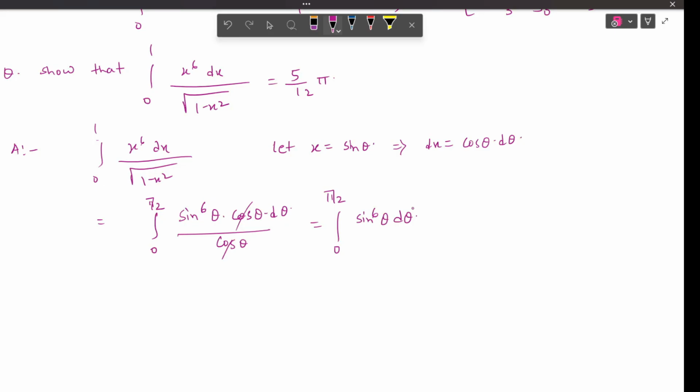It is exactly in the format integration 0 to pi by 2 sin to the power n x dx. What is the formula? The formula is I(n) equals n minus 1 by n times I(n minus 2). So this is our formula.